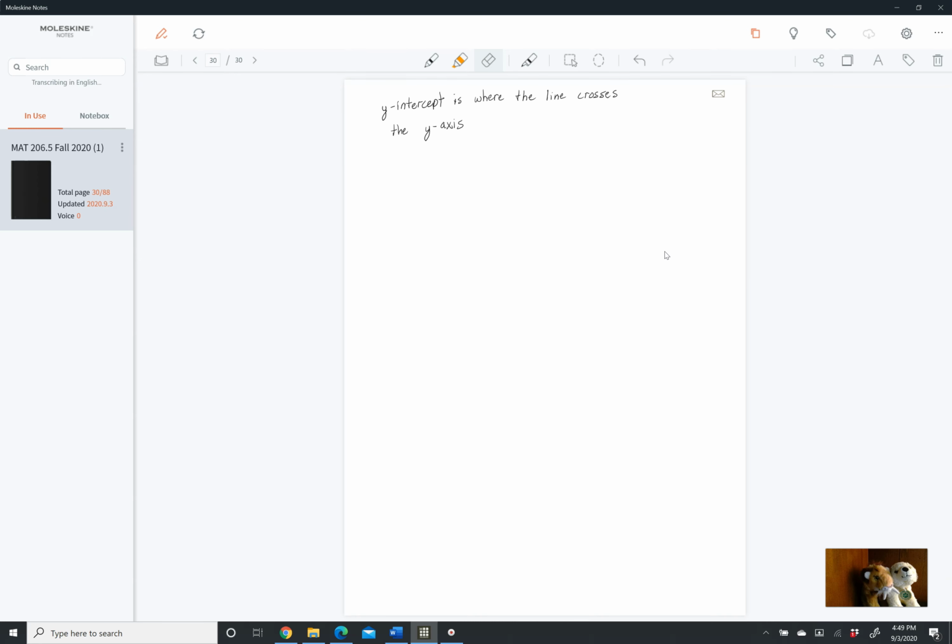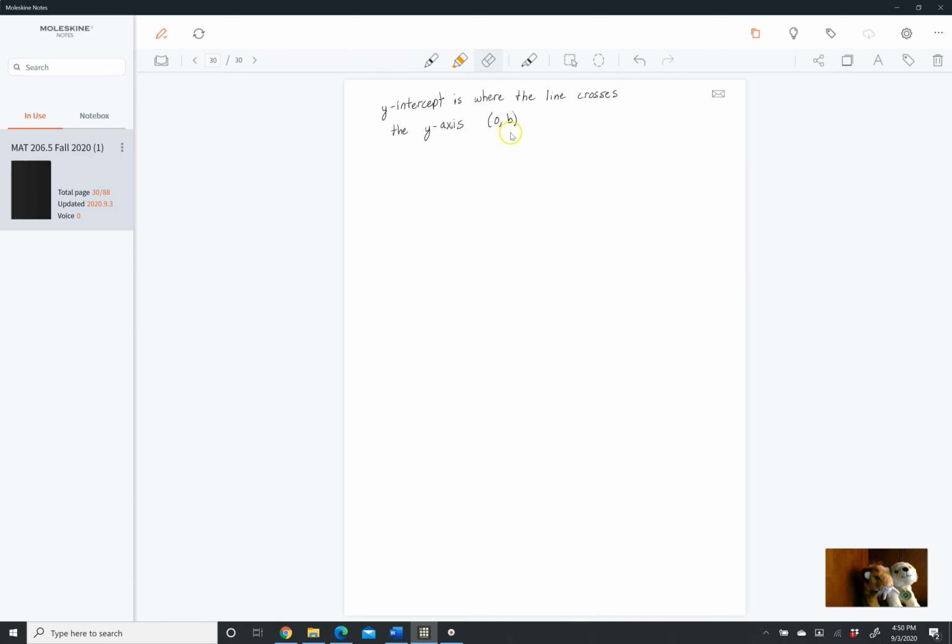And the way that we write it is (0, b). That's because on the y-axis, our x is 0. So if we're trying to find the slope-intercept form, we're saying that the point that we're given is (0, b).